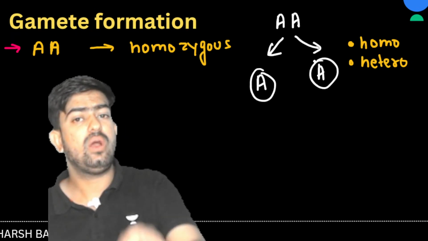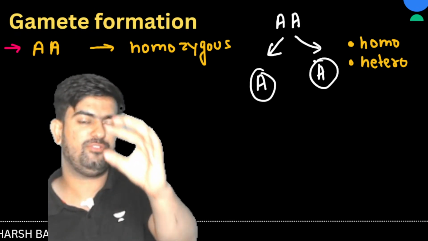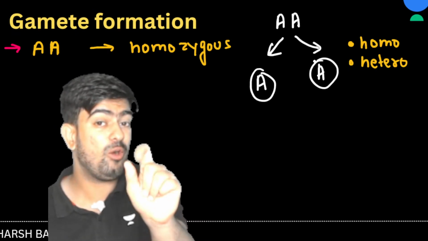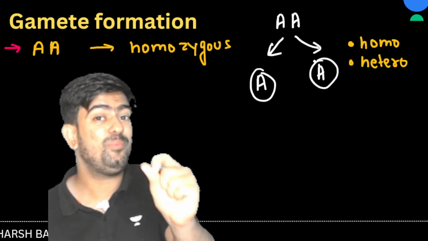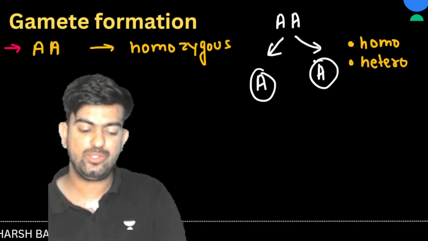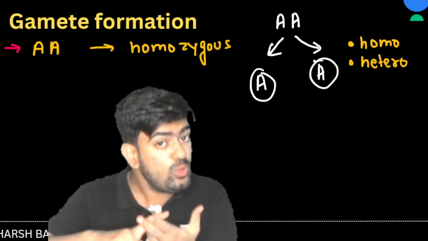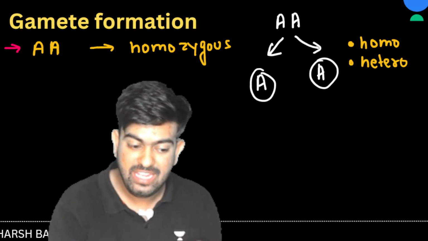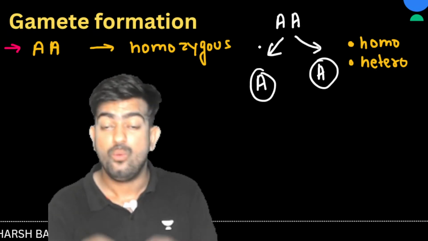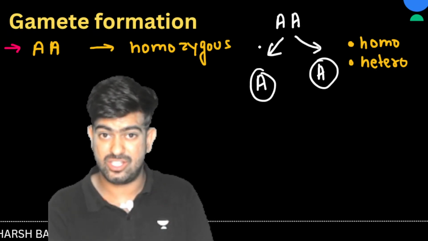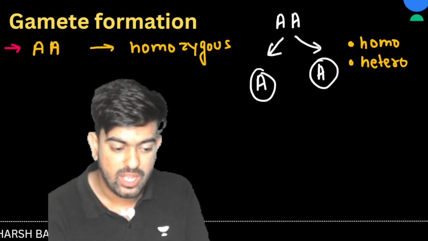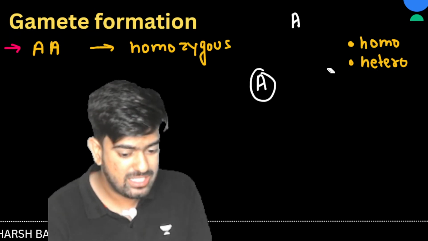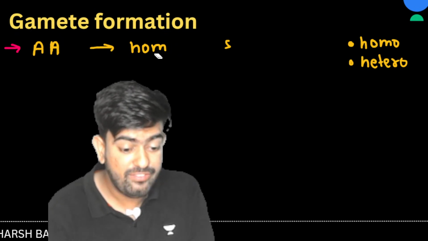So if I ask you how many types of gametes are formed, I'm not asking how many numbers, I'm asking how many types of gametes. You're going to say that, sir, we have two gametes, but both are of the same kind, right? So whenever we have the homozygous condition, types of gametes will be 1. So let's make a table and understand every condition.